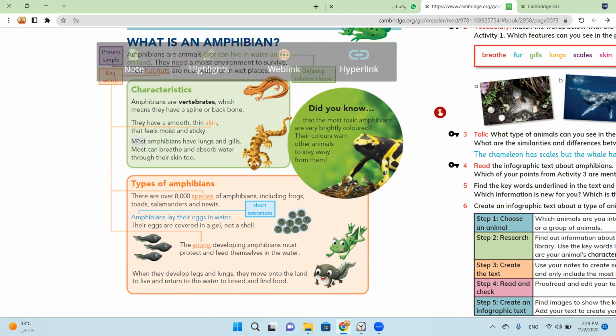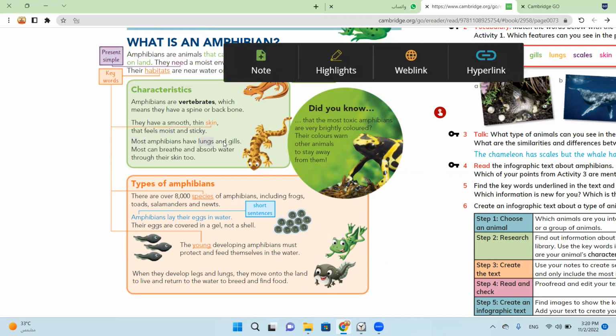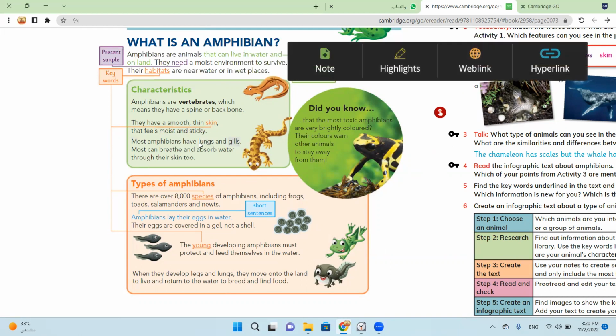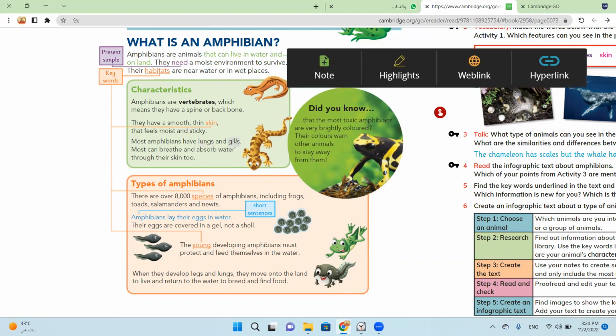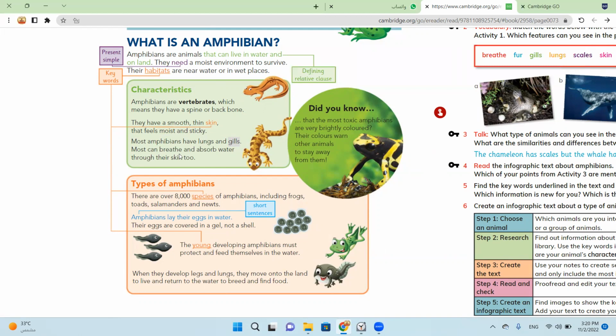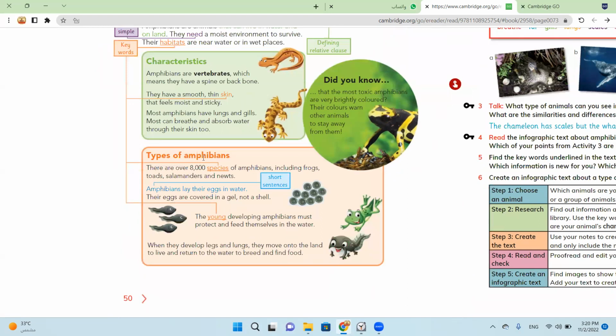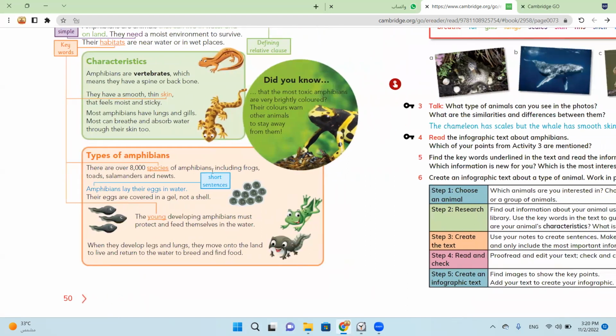Other characteristics are that they have lungs and gills. Lungs are used to breathe air, and gills are used to breathe underwater. Most can breathe and absorb water through their skin too. So, for example, frogs can breathe through their skin, not only with their lungs.